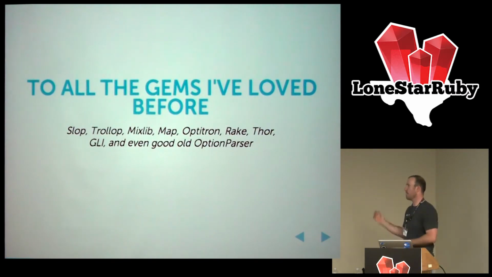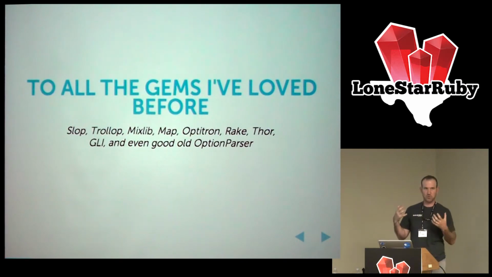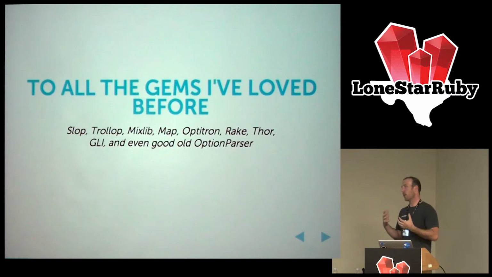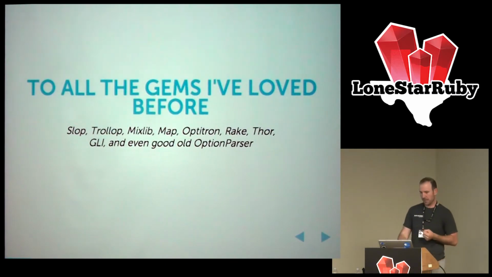Slop, Trollop, Mixlib, Map, Optitron, Rake, Thor, GLI, option parser. It's just fun to say them all. And there's probably 20 that I haven't even mentioned here. And each one of these is written by people who have very strong opinions about problems that they need solved for them.